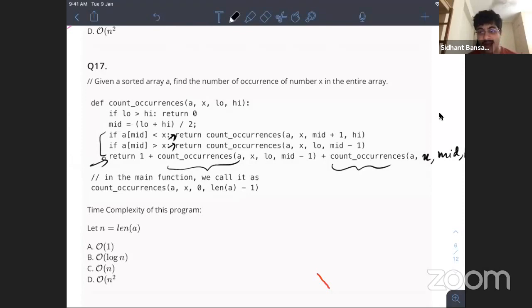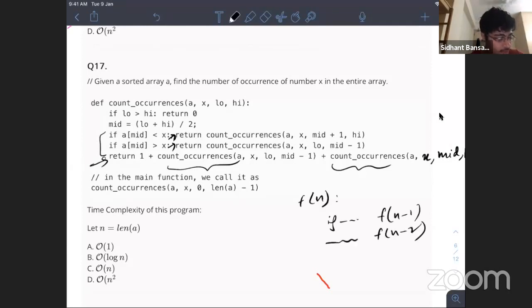So analyzing this is not obvious, because sometimes f of n calls f of n minus 1. At other times, it calls f of n minus 2. And sometimes it calls f of n minus 1 plus f of n minus 2. So it's not really obvious how slow the algorithm will run, because you don't really know when it will reach this condition, when it will reach this condition. But just think about this problem as homework or something. We don't intend to cover it right now.